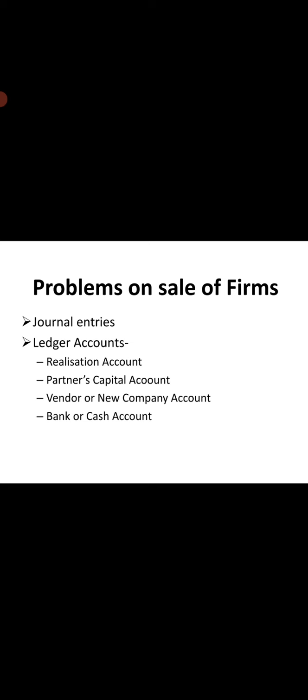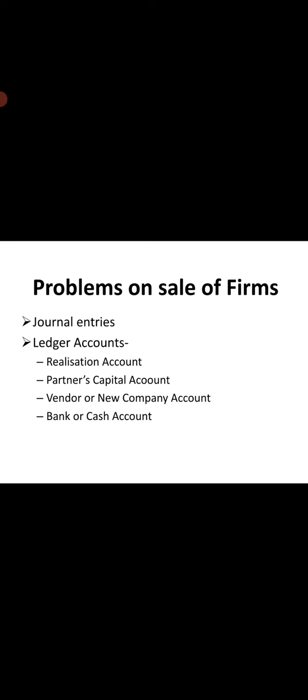The liabilities taken over are only the creditors at book value 55,000. From 1,50,800, if you deduct 55,000, the purchase consideration is 95,800. So the purchase consideration payable by the new company to the firm is 95,800. In the second stage, we prepare the discharge of purchase consideration. In the problem, it is stated that half of the purchase consideration is paid in cash, balance half in shares.